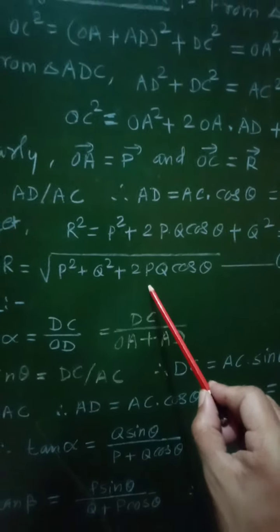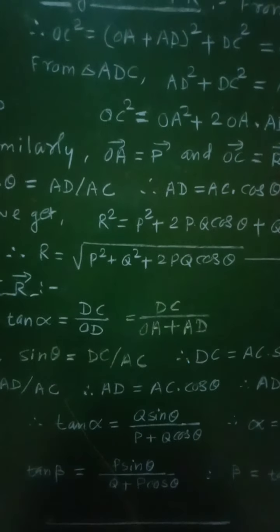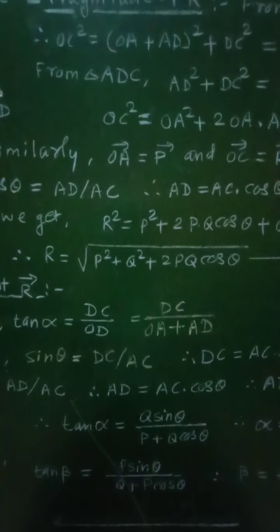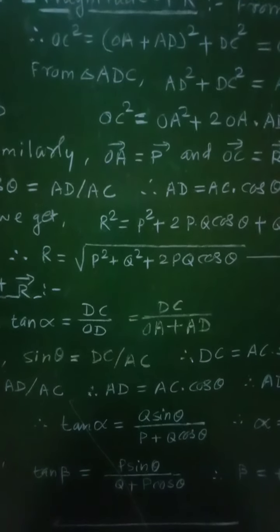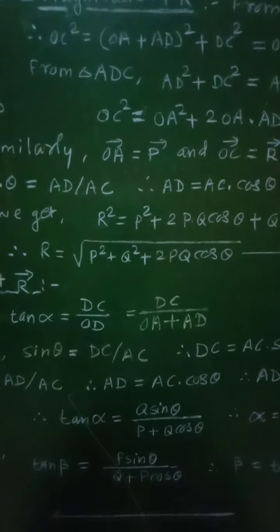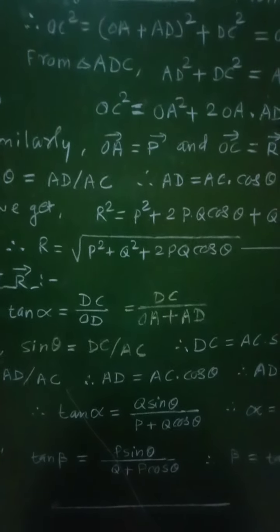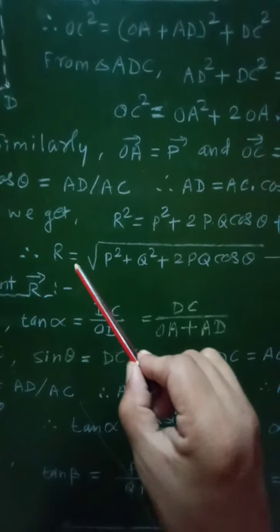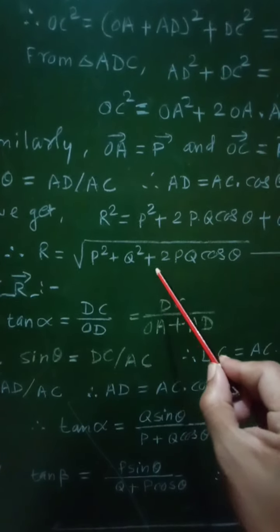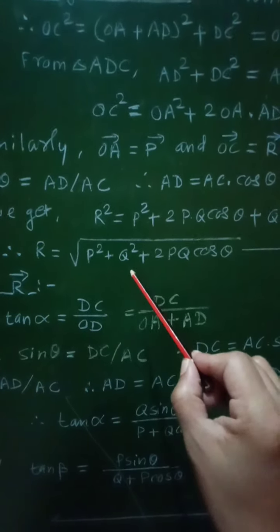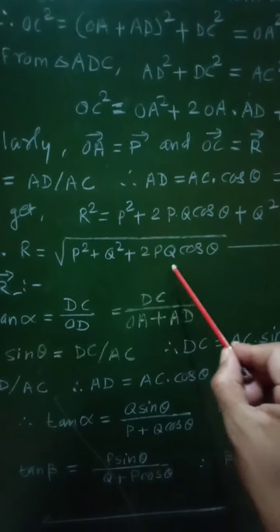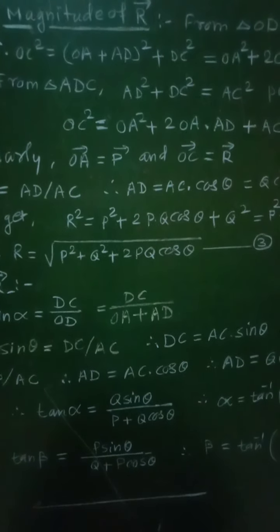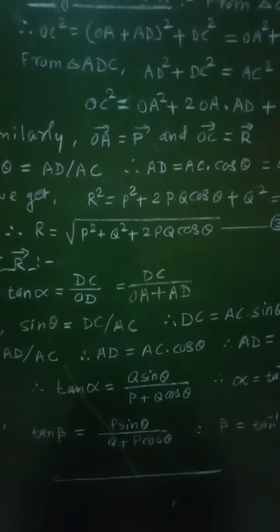This equation represents the magnitude of the resultant vector R, that is when vector P and vector Q are added by using the law of parallelogram, then the resultant R will have its magnitude equal to square root of P square plus Q square plus 2 PQ cos theta as equation number 3.